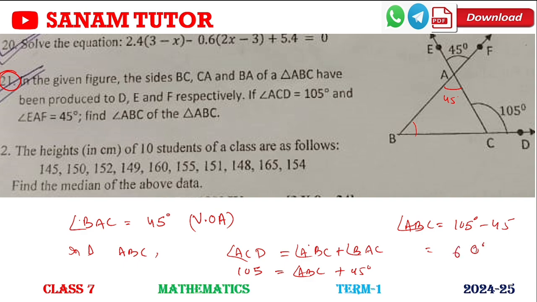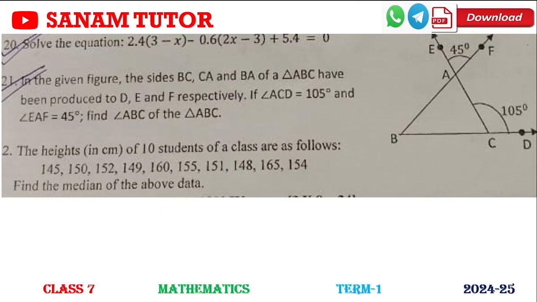Okay. Next question. In the given figure, the height in centimeter of the 10 students are given. Find the median of the data. Okay. Median means first we arrange in either ascending or descending order. Okay. First arrange. The smallest one is 145. The second one is 148.